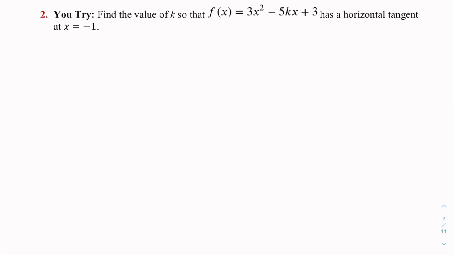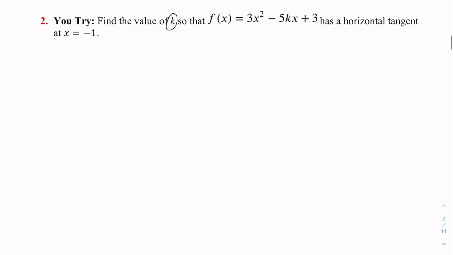All right, pause the video and you try this one. So it's saying find the value of k so that this function has a horizontal tangent line. Keep in mind k is just a constant. And if we want a horizontal tangent line, hint, anytime we're talking about a tangent line at a specific point, we're describing the slope at a specific point.